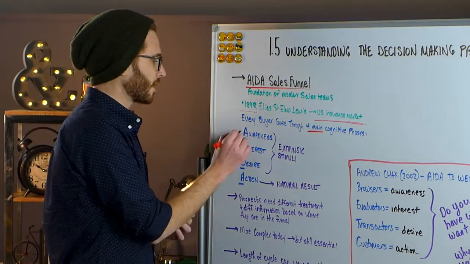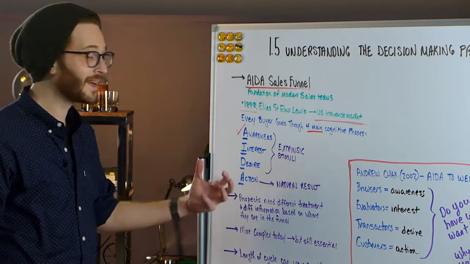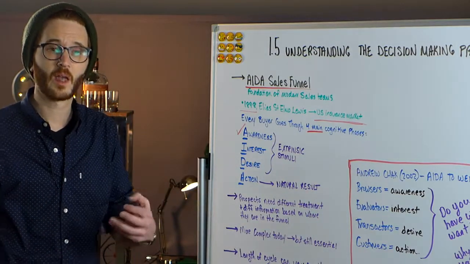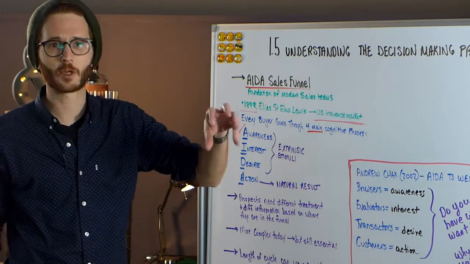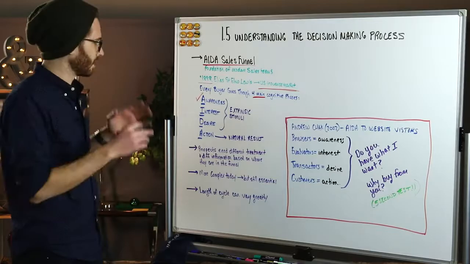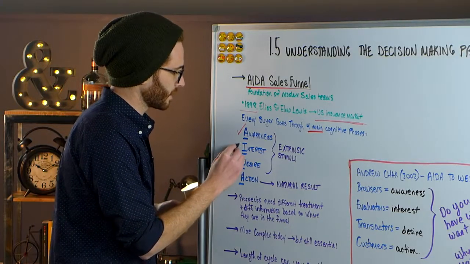The first stage is awareness, right? People becoming aware that they have a need for a specific product or service, and an awareness that that product and service actually exists. It's the foundation of ultimately getting to the purchasing point. The next stage of the funnel is called interest, right?